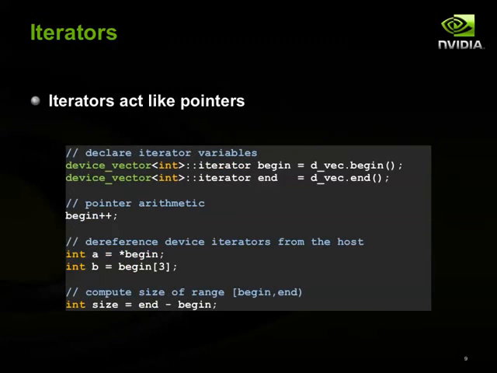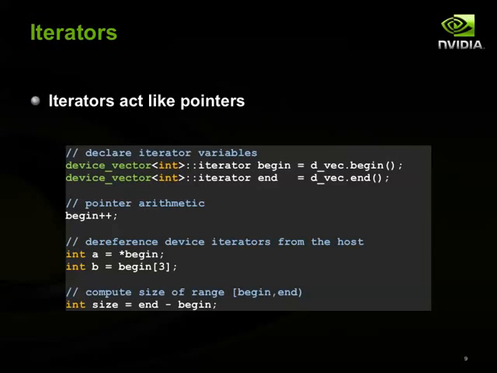Okay, so you'll notice before, whenever I wanted to apply an algorithm to a vector, I did something like copy dvec.begin or dvec.end, and I passed those into the algorithm. What these are in C++ terminology is iterators. And what iterators are, they're essentially like pointers, and that's a perfectly reasonable way to think about them. They're sort of pointers that have a little bit more information associated with them that I'll talk about later. But you can treat them just like pointers.